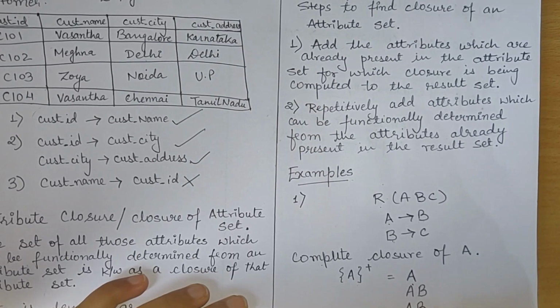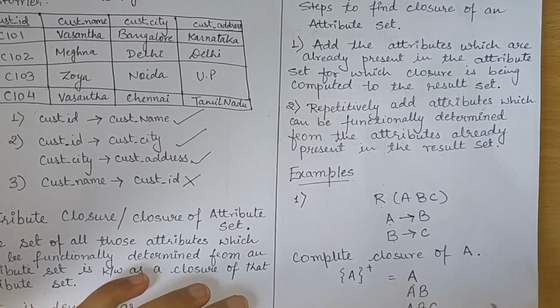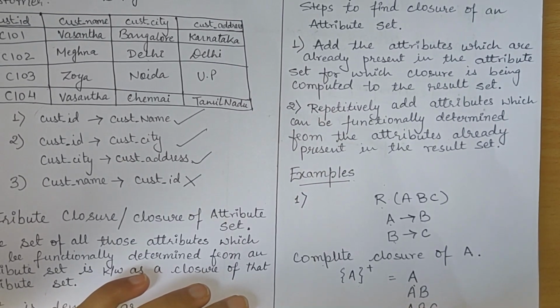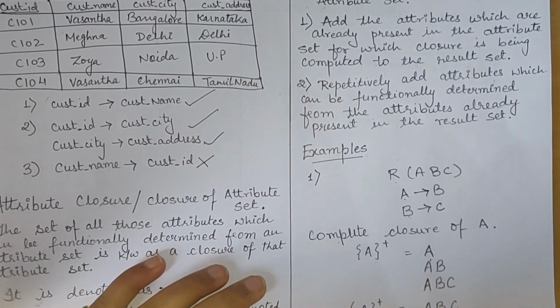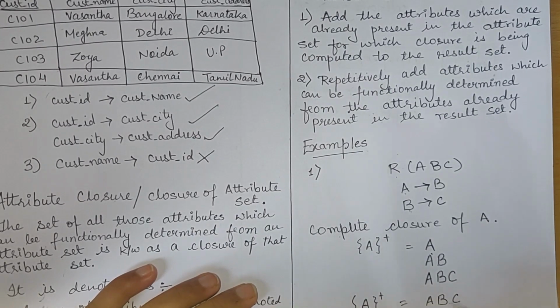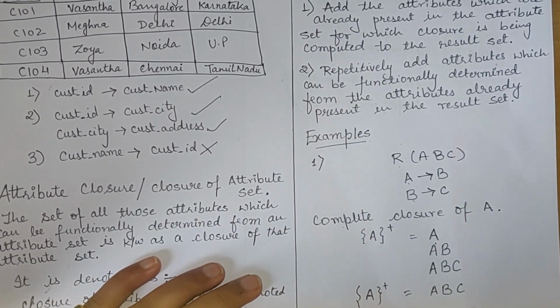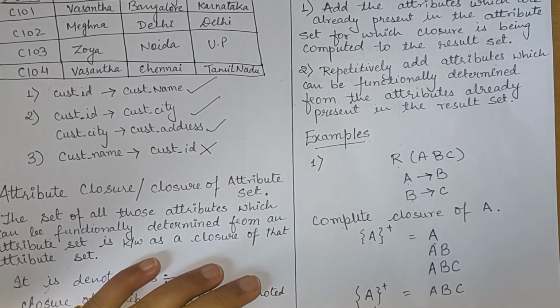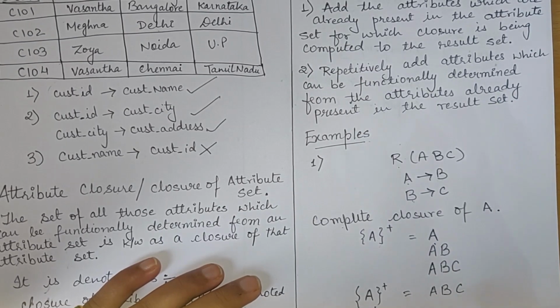A, B, C. Fine. So what is this? Closure of A is giving me all the three attributes for this relation A, B, C. So if I am saying A uniquely determines this entire relation R, I am not wrong, right? A alone has the power to determine all the elements of this relation R. So closure of A is ABC.